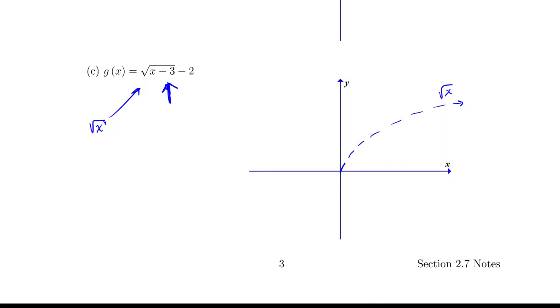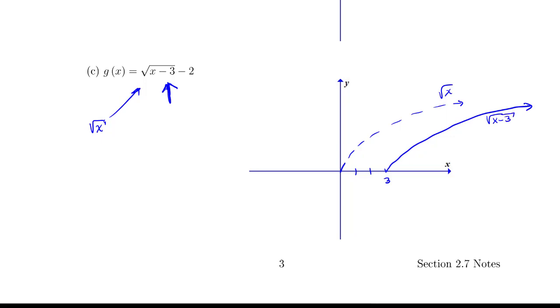And since I'm subtracting 3 directly from the x, it's going to shift to the right 3. So let's go 1, 2, 3. I'm going to have the same graph, just shifted to the right. So here we're getting the square root of x minus 3.